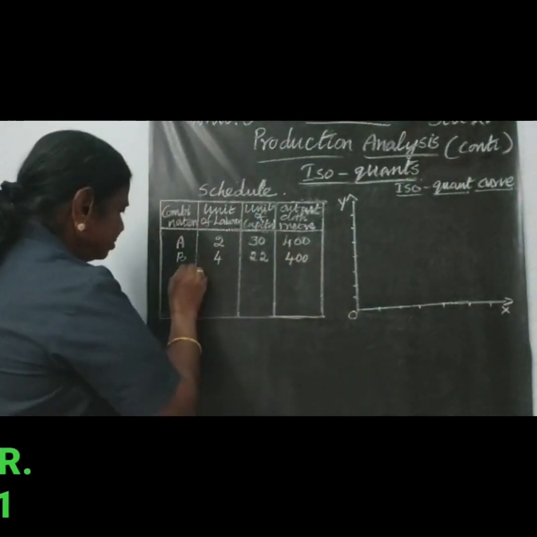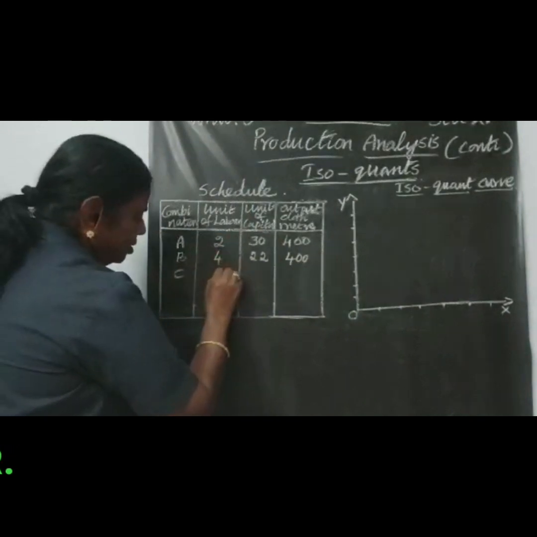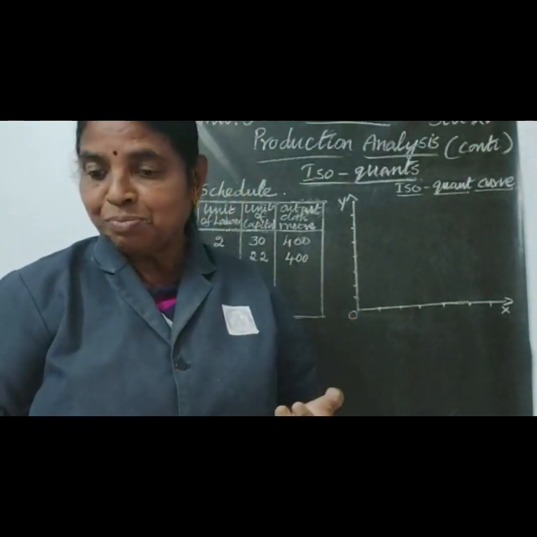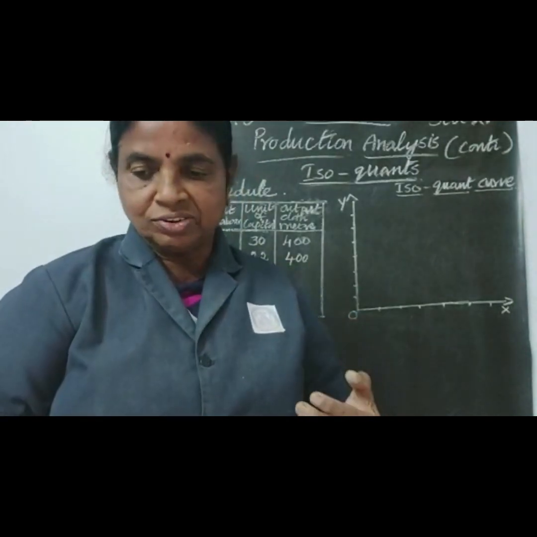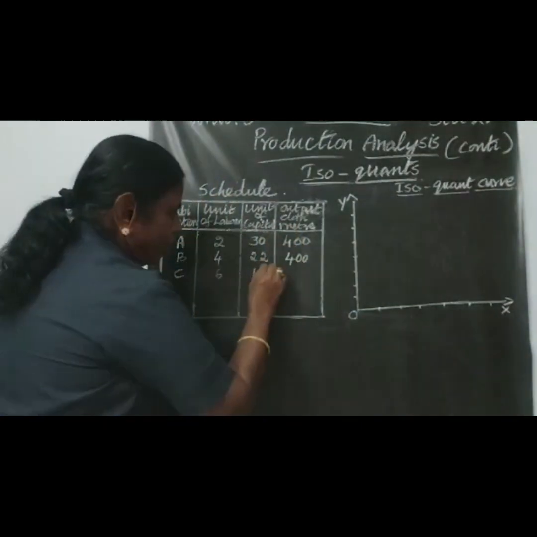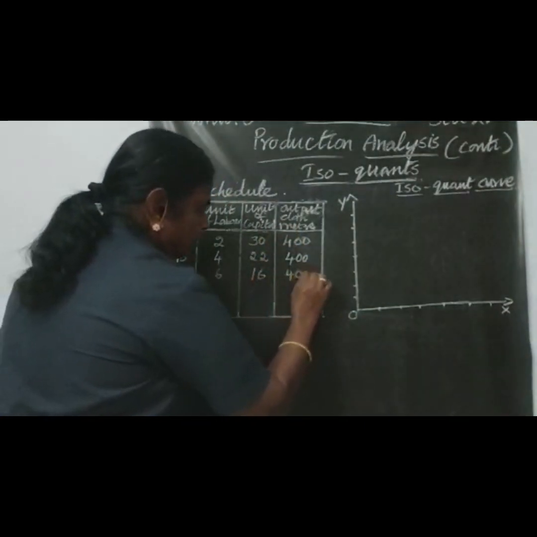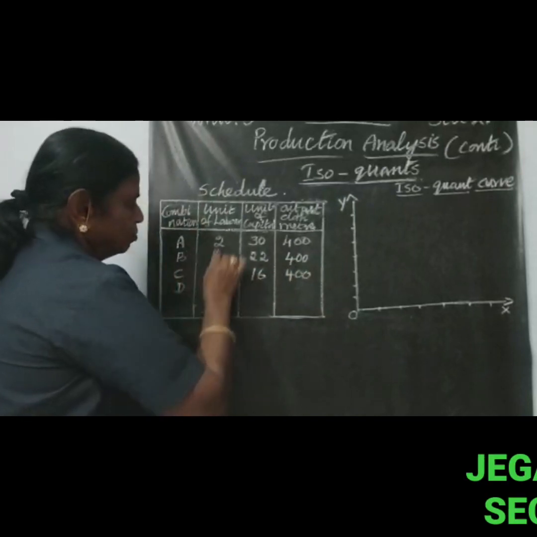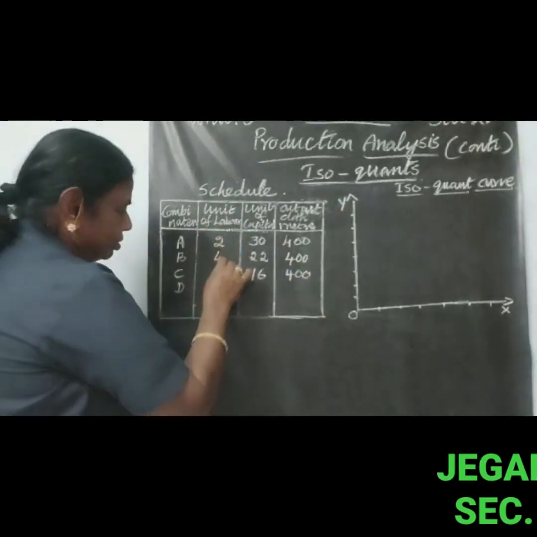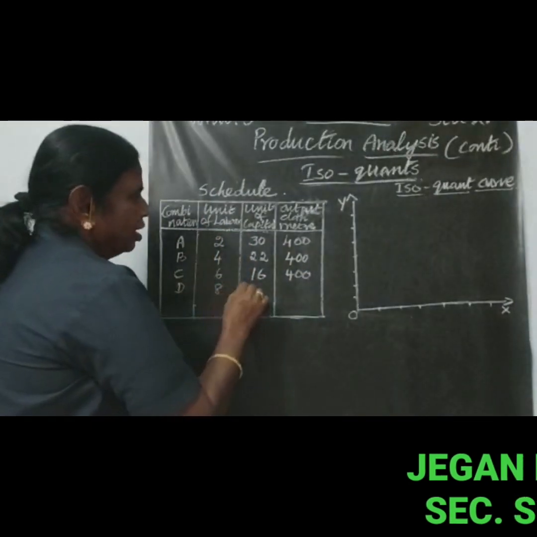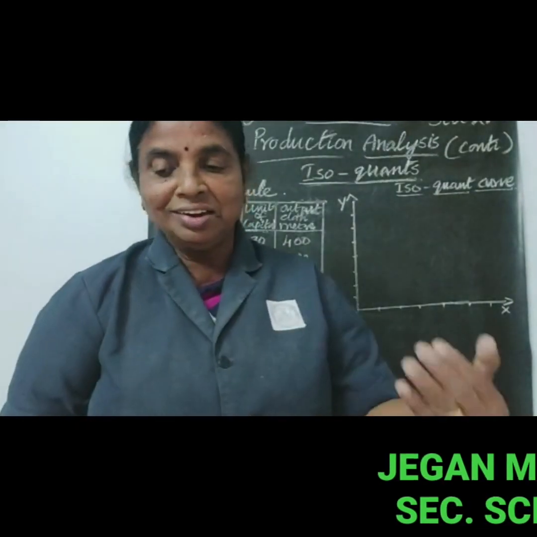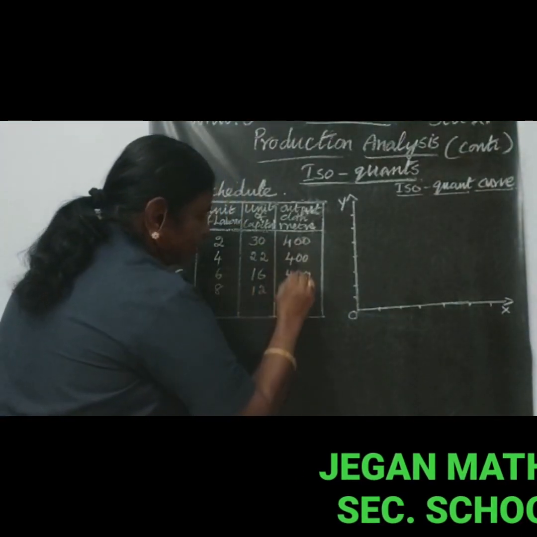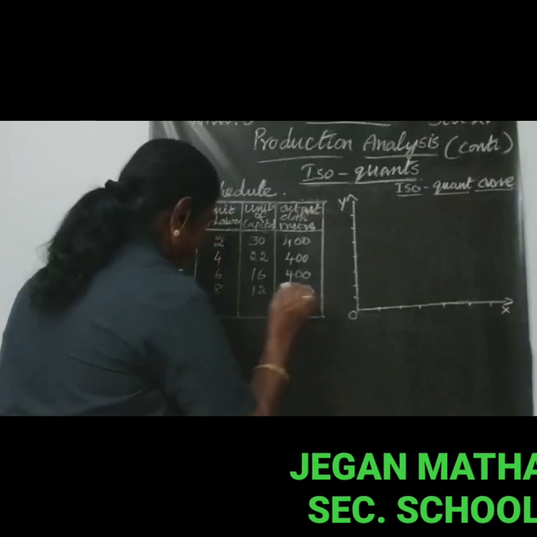Combination C: unit of labor has increased 2 more, so 6, and unit of capital has decreased to 16, but the same level of output is given. And D: once again, unit of labor increases to 8 and unit of capital decreases to 12, and the same level of output, 400.